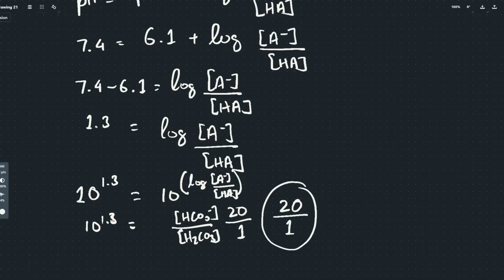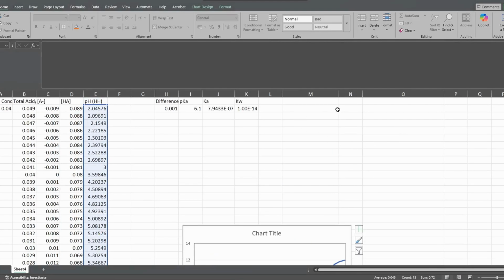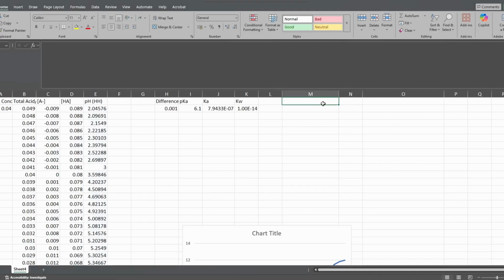Let's go again to Excel, and we will write the formula. What is the normal blood pH? Normal blood pH is 7.4, and let's suppose we add 0.5 units of acid and see how much the pH changes.